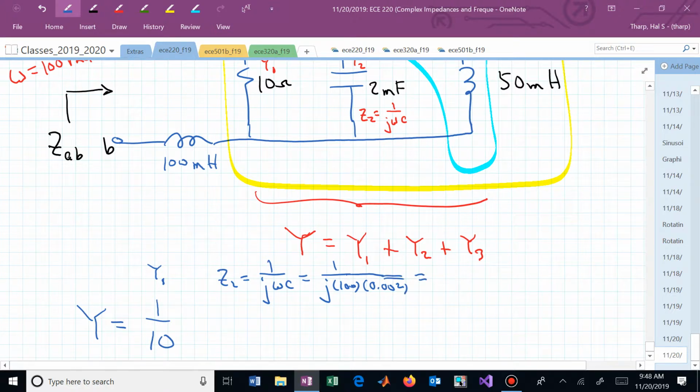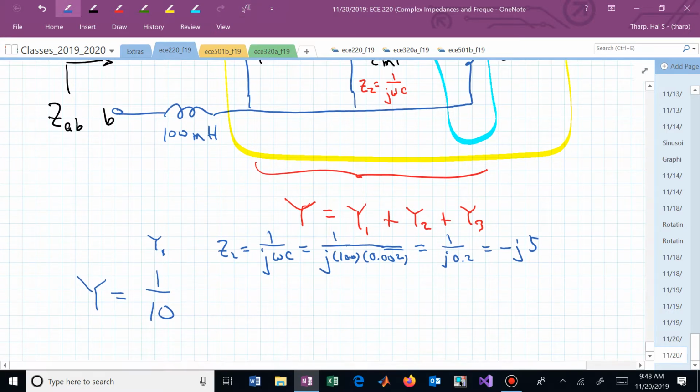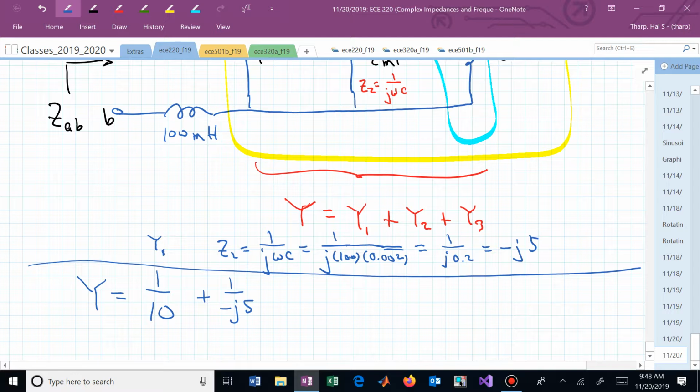Or that's 1 over J 0.2, and we've already seen that before. That's minus J5. That's the impedance of that middle branch capacitor. We need to reciprocate that to get Y sub 2, 1 over Z sub 2.